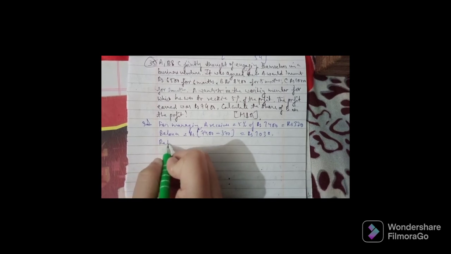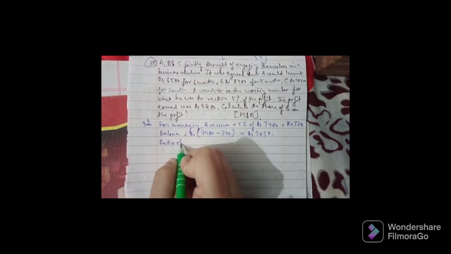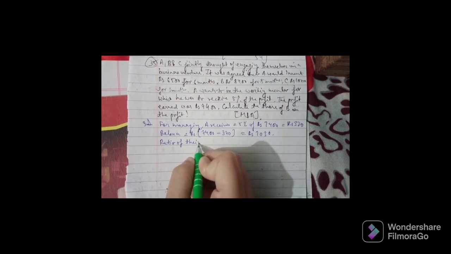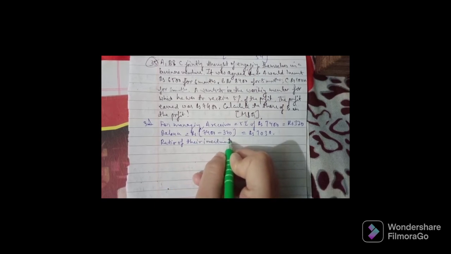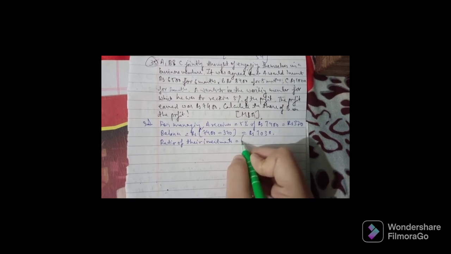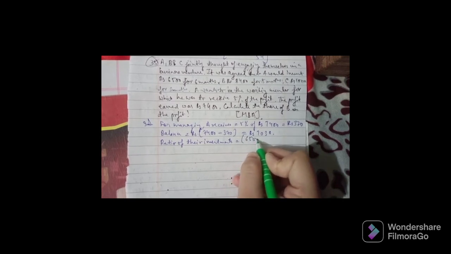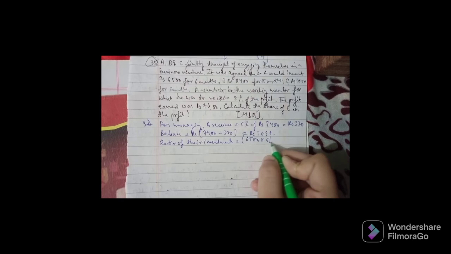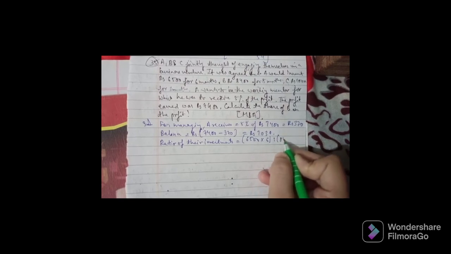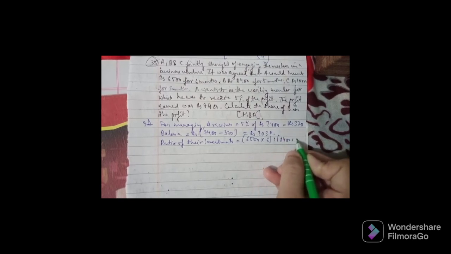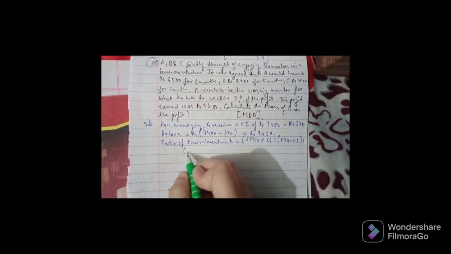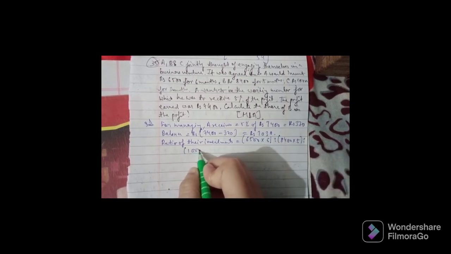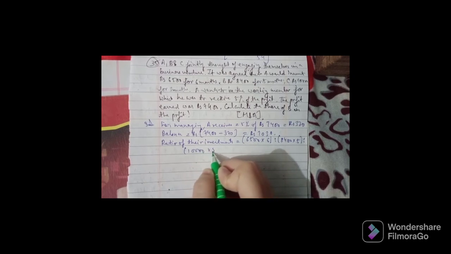Ratio of their investments equals 6,500 into 6 ratio, 8,400 into 5 ratio, 10,000 into 3.